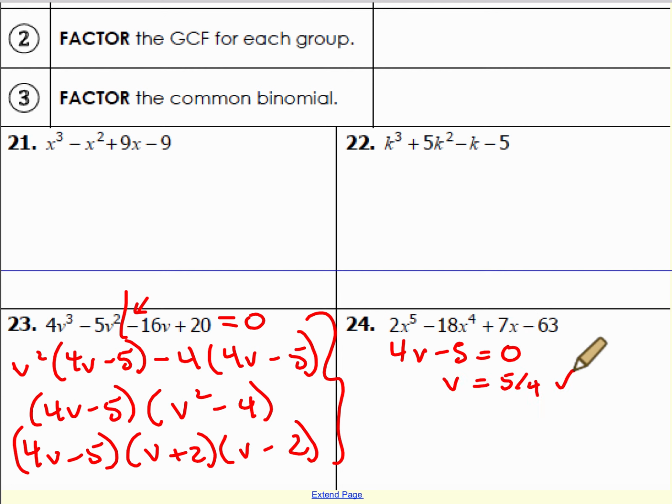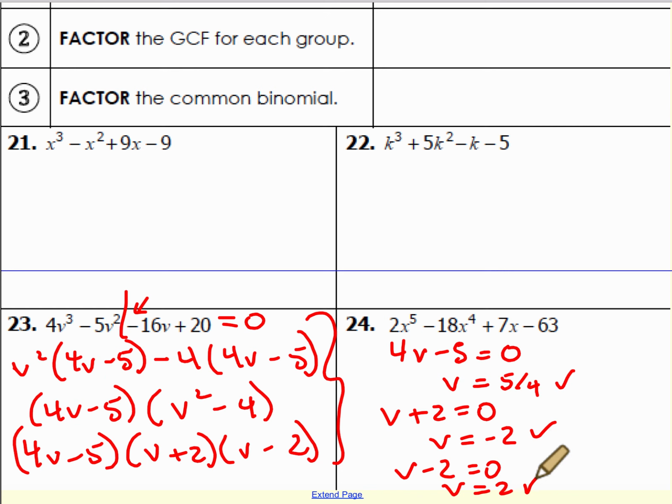This is one solution or root. v plus 2 equals 0 gives me v is negative 2. That's my second one. v minus 2 equals 0 gives me v equals 2, and that's my third. So that's how we use factoring to solve polynomials.